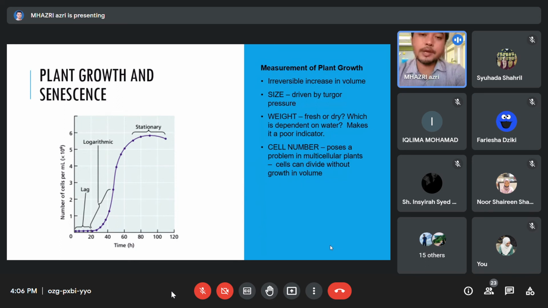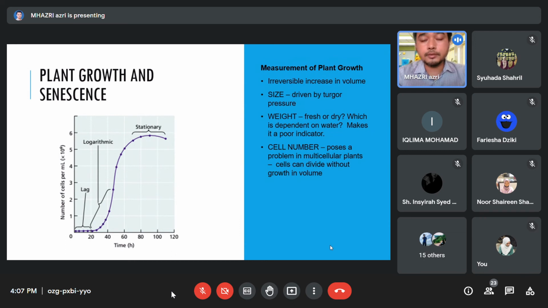Okay, so in certain organisms we can measure growth by measuring, estimating or enumerating the cell number. For plants it is difficult for us, not only in plants, in other multicellular organisms it's very difficult for us to estimate the cell number. Okay, for example, like I mentioned earlier, if we take root measurements or the diameter of the stems.